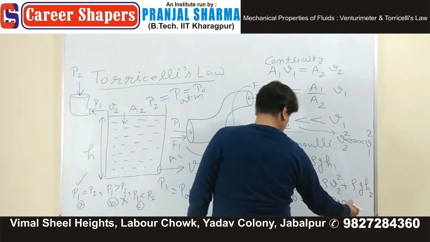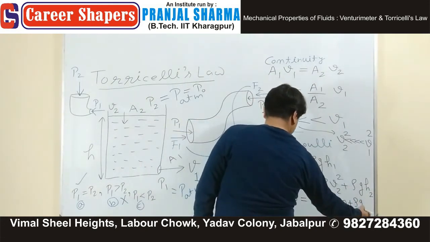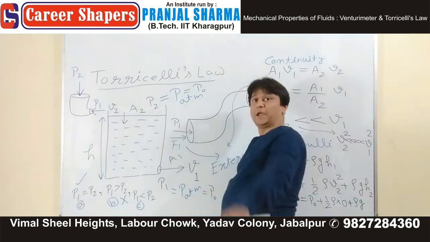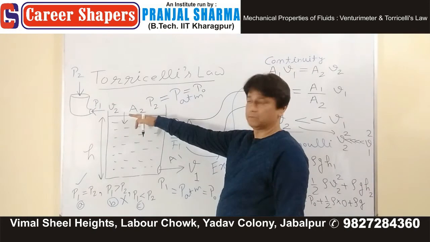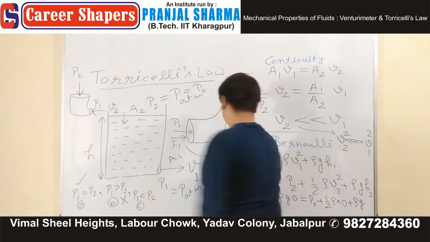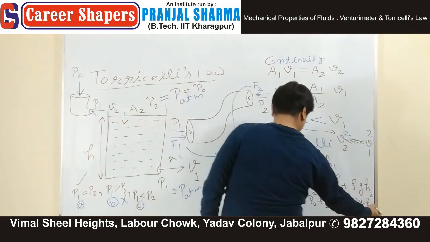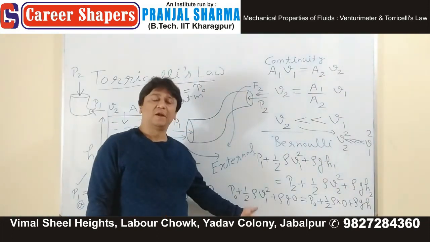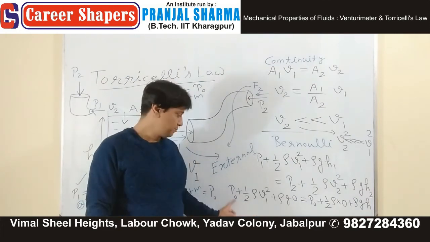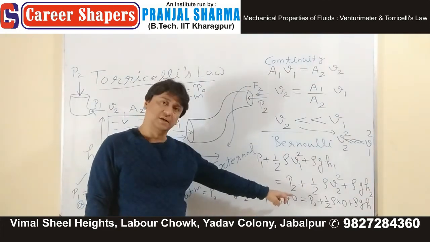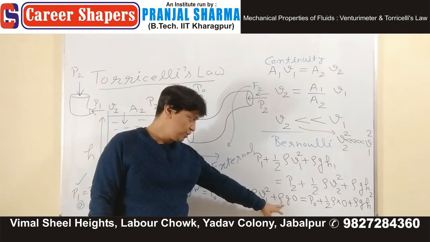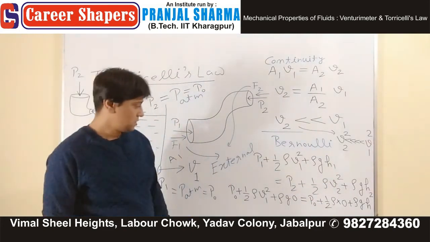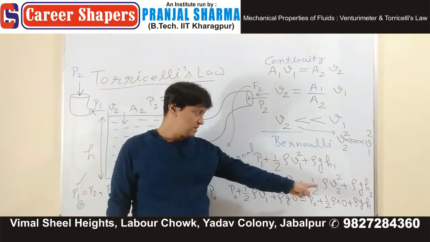Plus rho G height of this part. This is the ground. I told you the base is the ground. What is this height? H. Write down H. And I hope you see that we have got the value of root 2 GH. P naught cancelled. Rho G0 gone. Cancel the term of rho, cancel the term of rho.